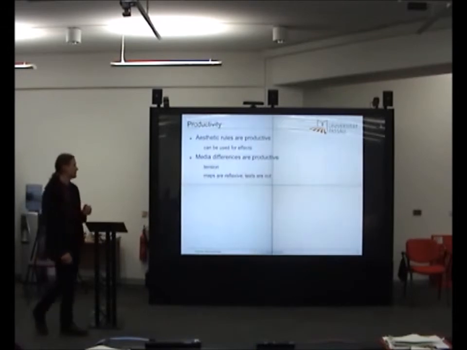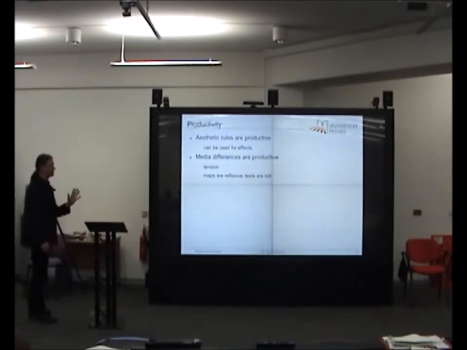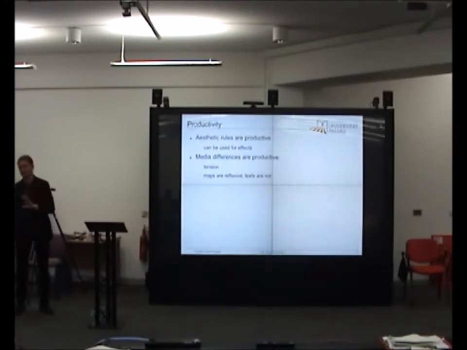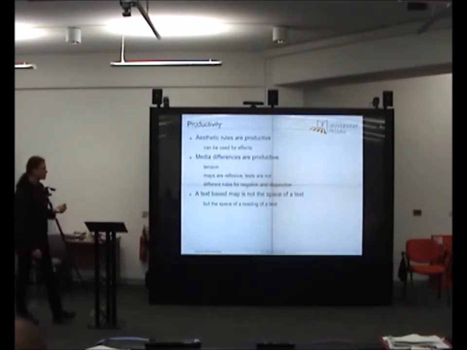And one of the things you see in this A to B, B to A example is that maps have some sort of reflexivity connected to the map grid, the reference grid system, which doesn't exist in the same way in texts. And of course, the rules for negation and disjunction are different.